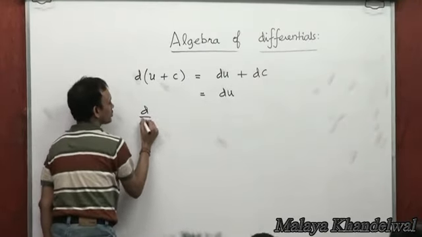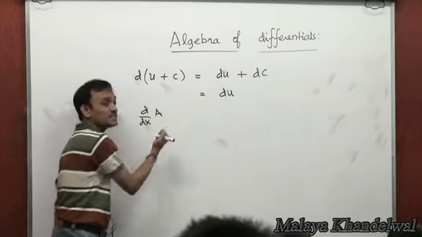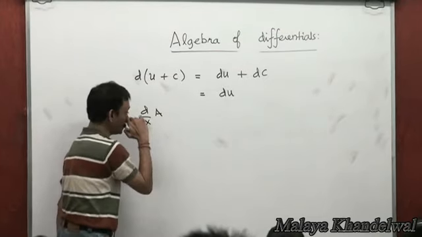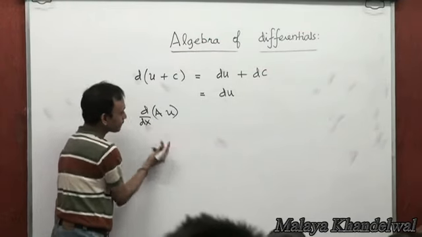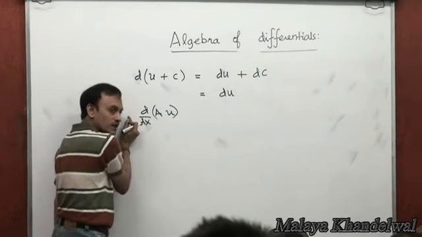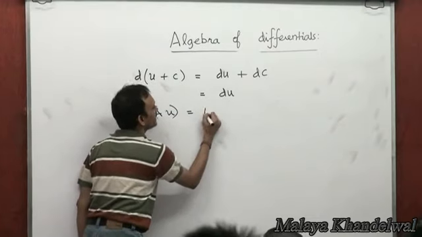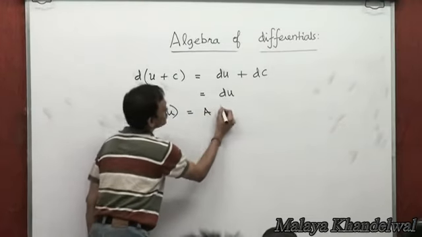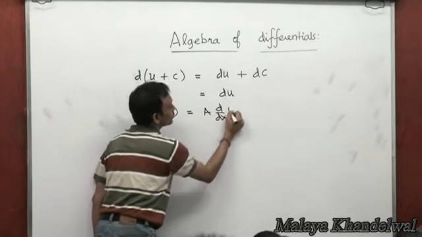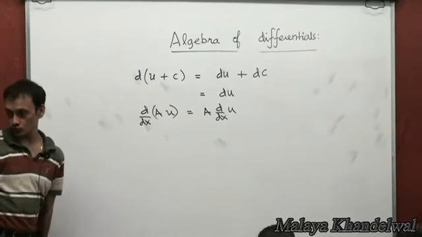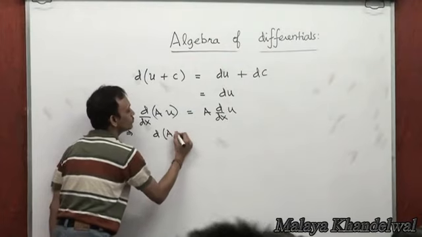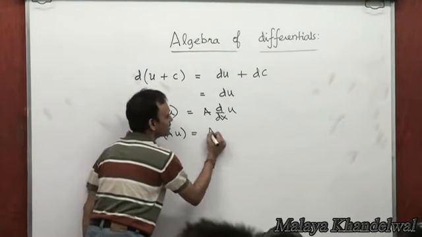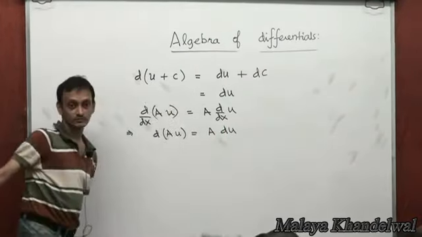Now, d/dx of a times u, where a is a constant and u is a function of x. Then this a can come out of the derivative sign. So this would be a times d/dx of u, which means d of au is a times d of u.